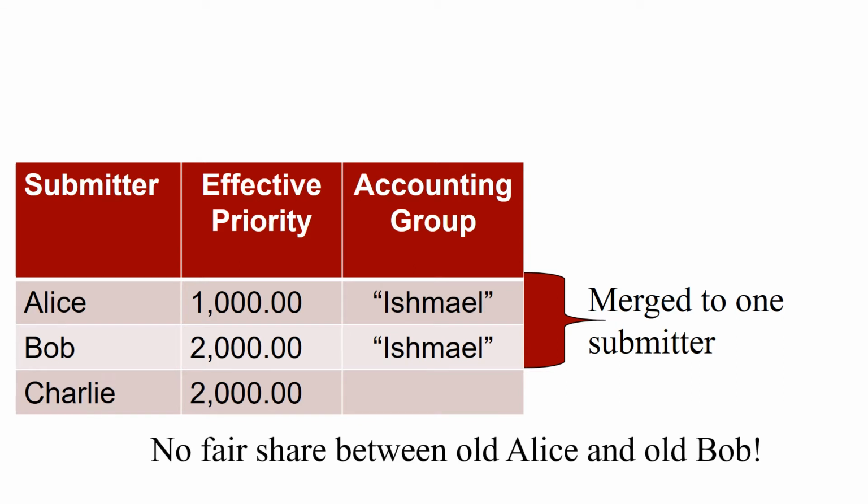There is no fair share, and all other things being equal, whatever jobs were submitted first will be considered for matching and running. Note this changes the submitter, but Alice and Bob are still distinct owners, and their jobs will never run as the Unix user Ishmael. The sandbox files, the inputs, the outputs, will all be owned by the Unix users Alice or Bob. No Unix user Ishmael will ever be created or used.